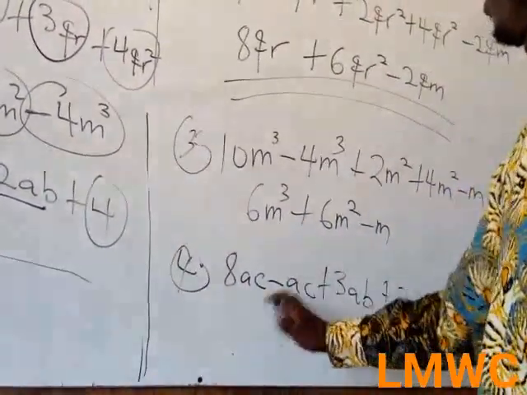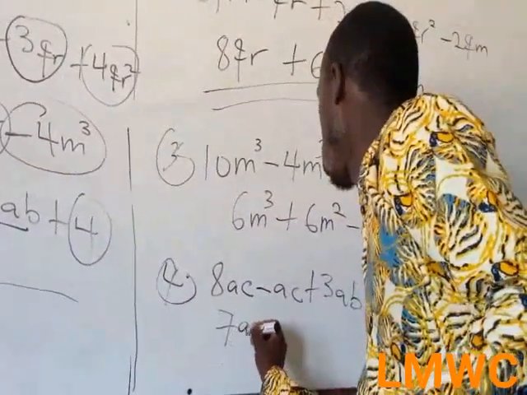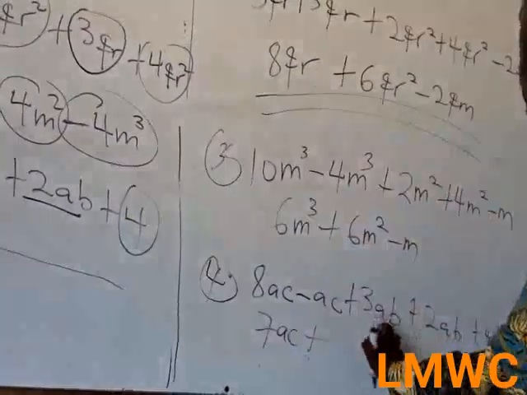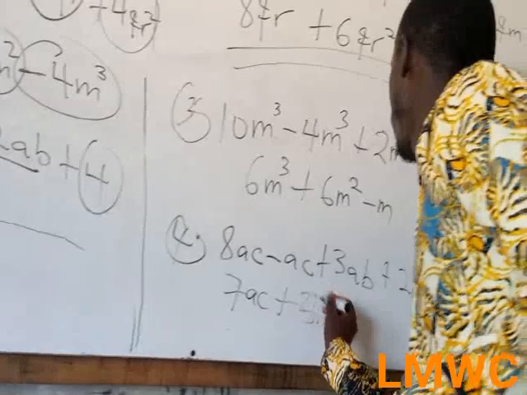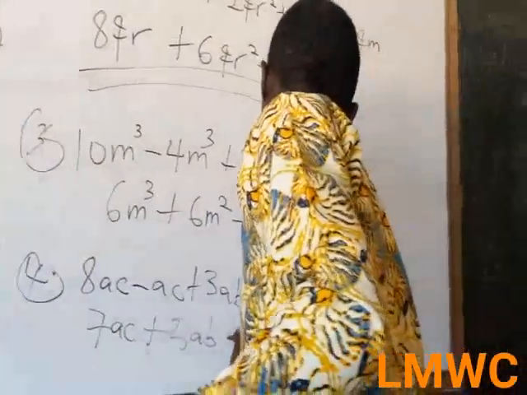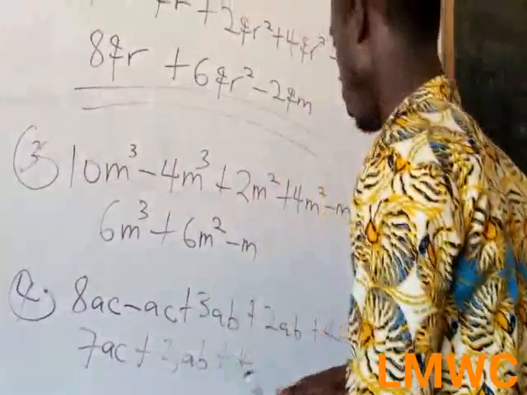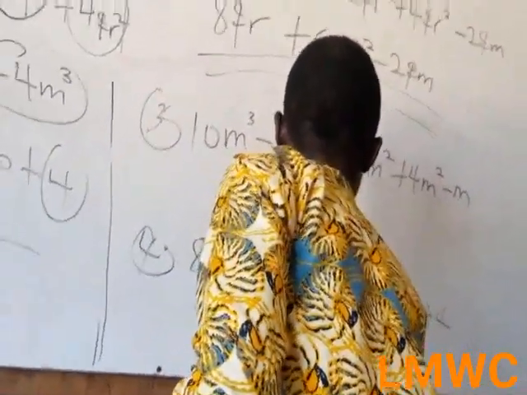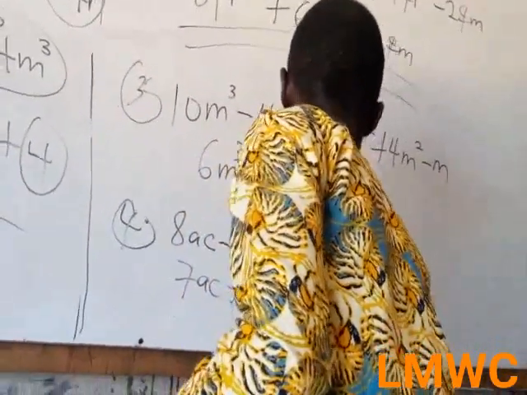This from this is 7ac, because the coefficient of ac is 1, but we don't write it. Plus 3ab plus 2ab is 5ab plus 4. So let me rewrite it well. So this is 7ac plus 5ab plus 4.